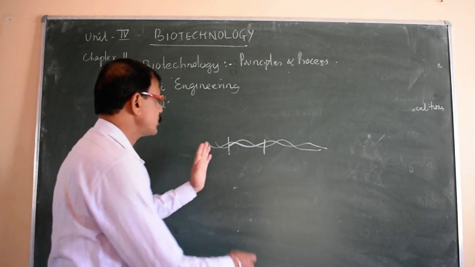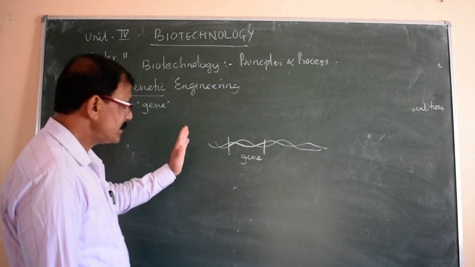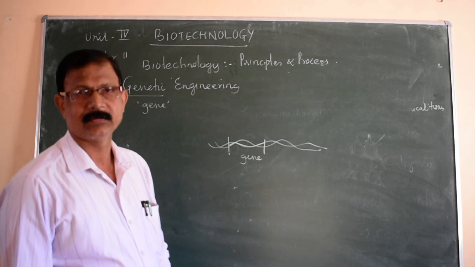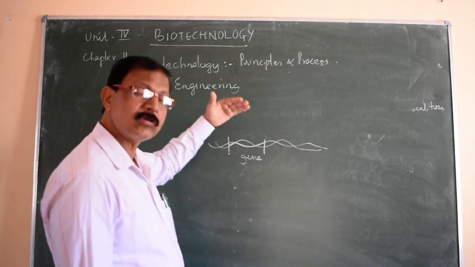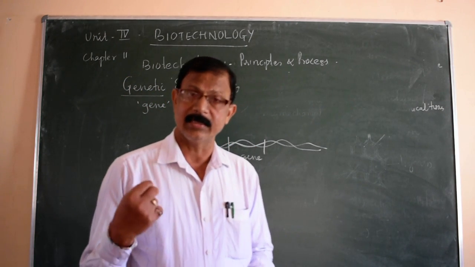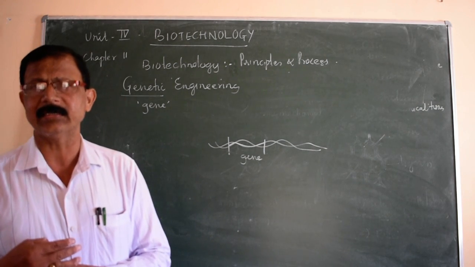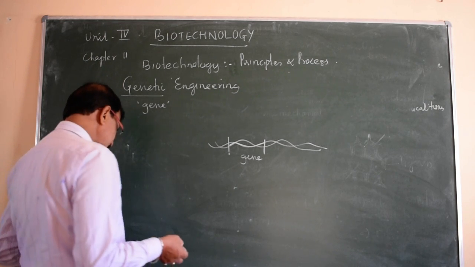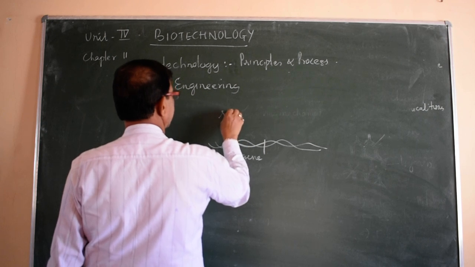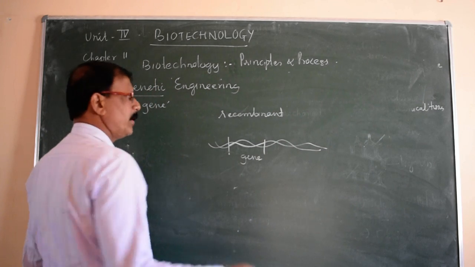Again, this portion, a segment of DNA, is called a gene. And if this gene is taken for any related technique, that is what you call genetic engineering. In genetic engineering there are different types of techniques, like recombinant DNA technology, which you studied in the online class.